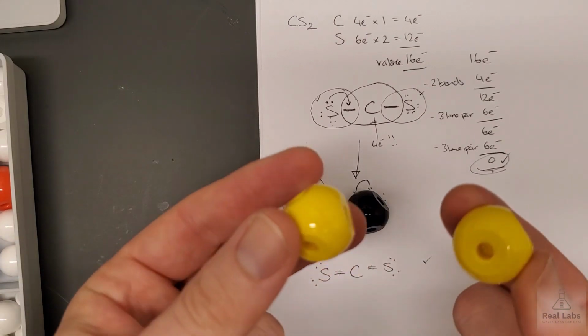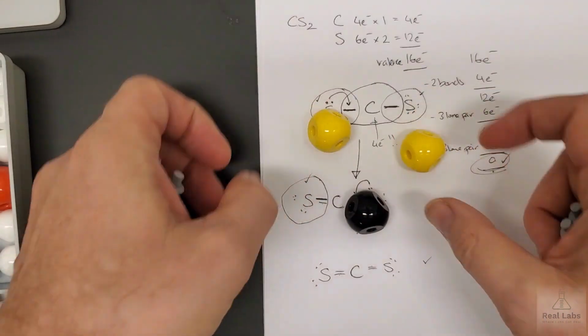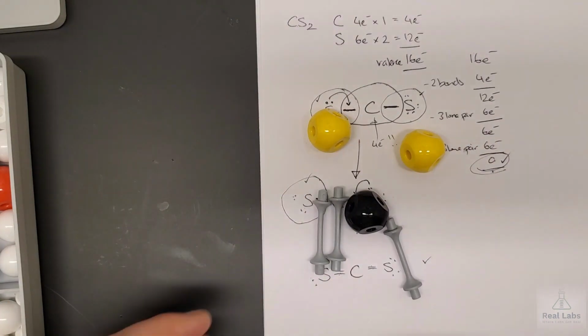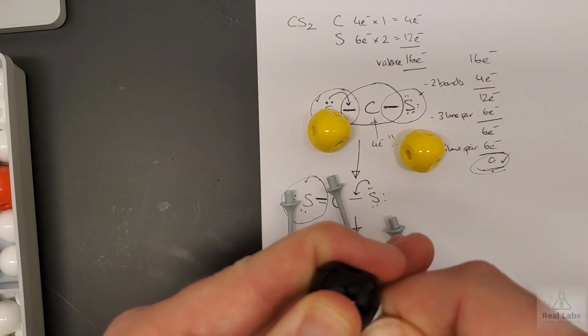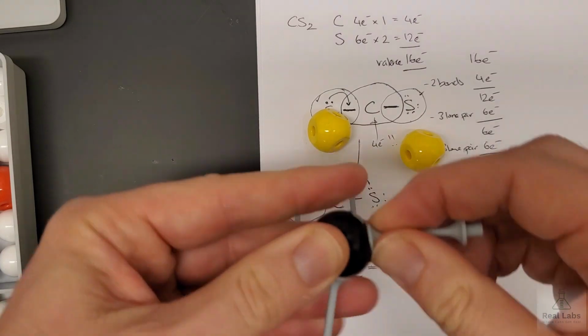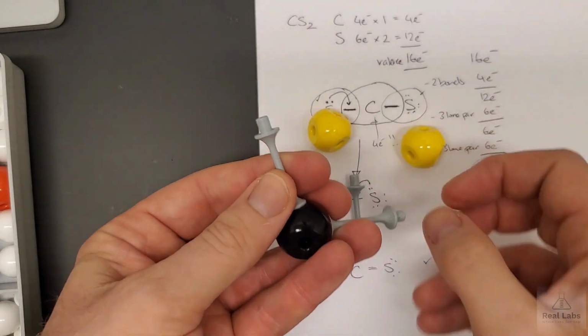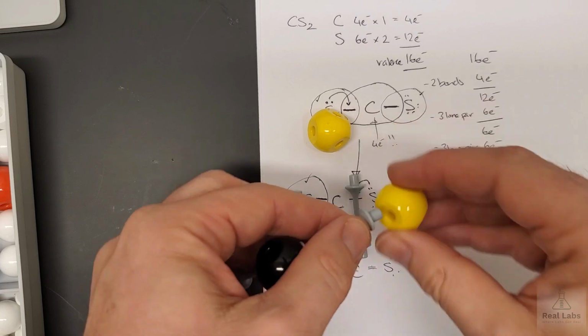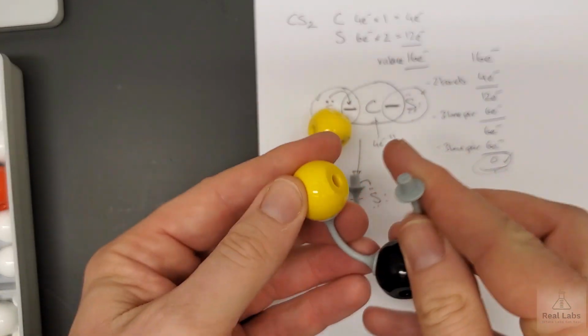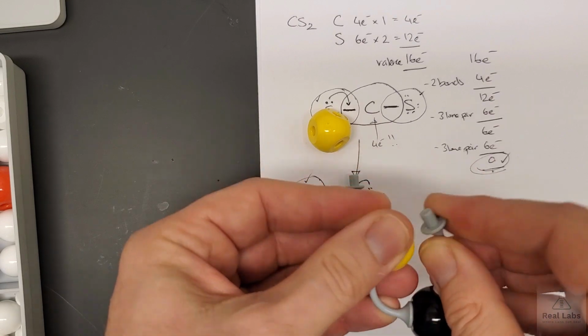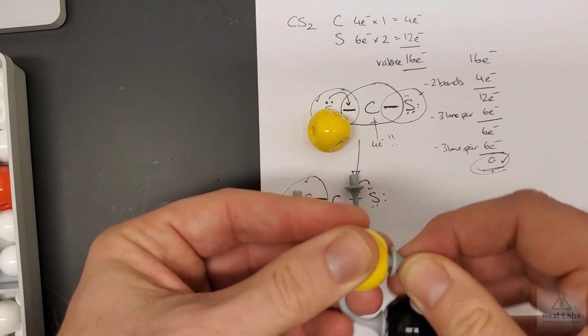Now, even though there's more dots on here than we need, we're going to use the yellows for sulfur. That's the appropriate color. It's not critical that you do that, but I'm going to put 2 bonds here, and this is how you build a molecular model. You need to use the longer bonds, and then you simply bend it around so you can plug it in.